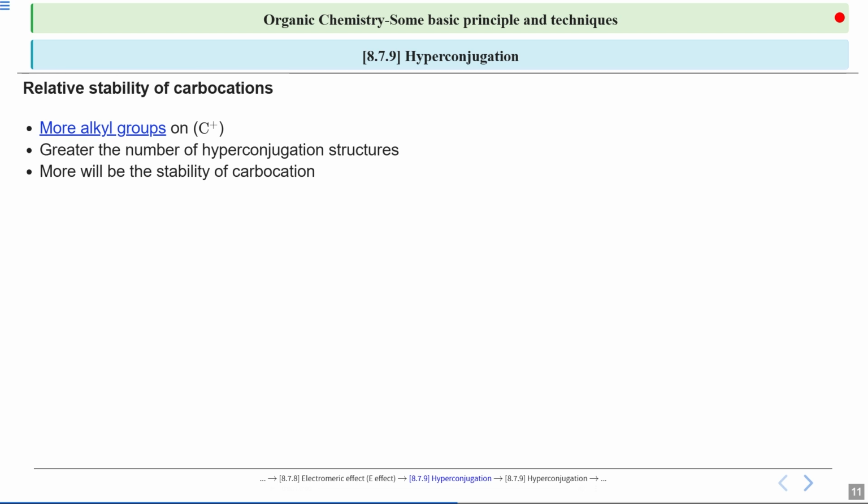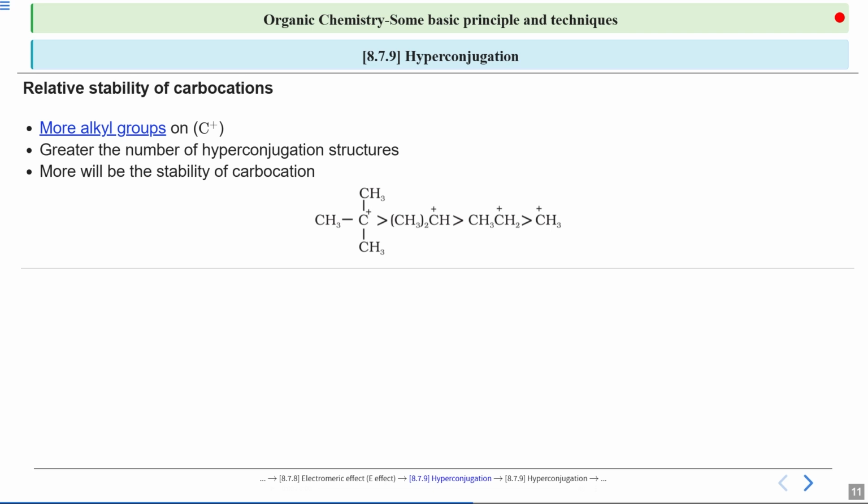Take an analogy from daily life: if there is a 10 kg mass and two of your friends carry 5 kg each, that will help you carry that luggage easily. If you have 3 friends, that would be even better. Similarly, more resonating structures or more hyperconjugation structures distribute the burden of electron deficiency onto the next carbons and hence stabilize the structure.